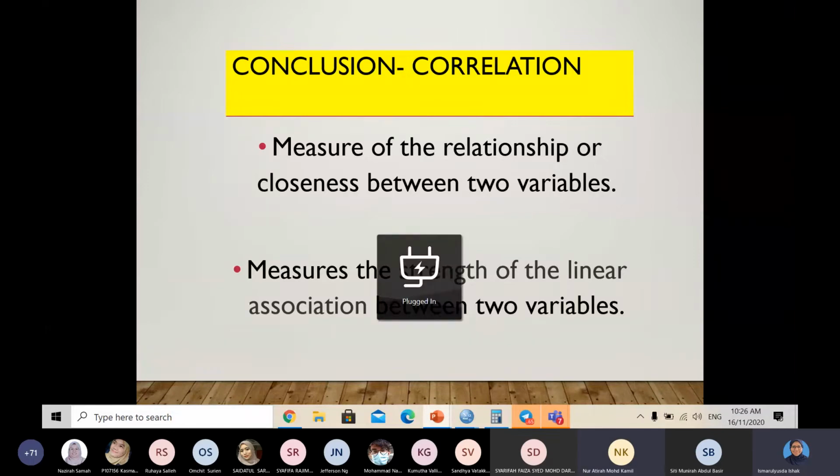I want to ask, I still cannot really understand when do we use simple linear regression or Pearson correlation. For example, my research is about depression and suicide, which means depression is a predictor for suicide.